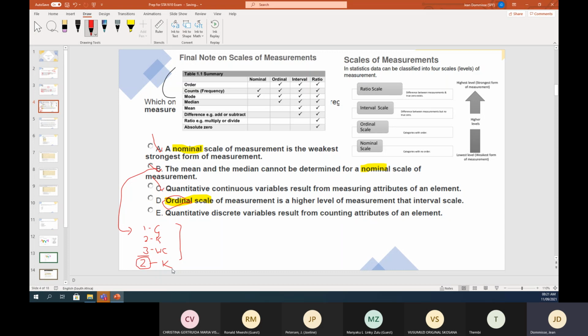So that's just trying to explain that we can't get a mean and median from a nominal scale, because we are working with categories. If it was height or something else, then it's easy to get the mean and the median.